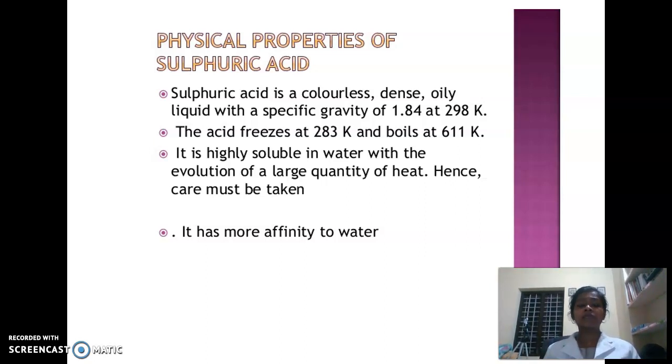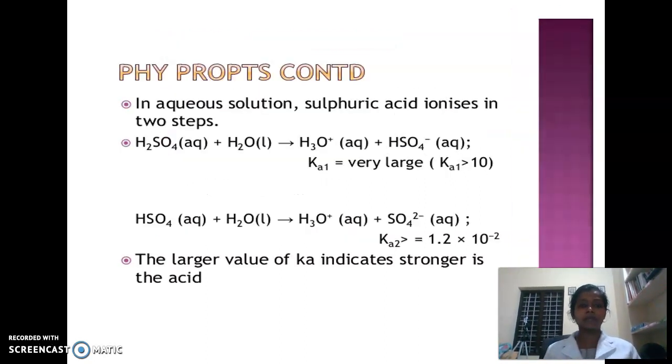That's why while adding concentrated sulfuric acid to water, it may boil. It is considered the king of chemicals, so it can be corrosive and it can boil. It has more affinity to water.